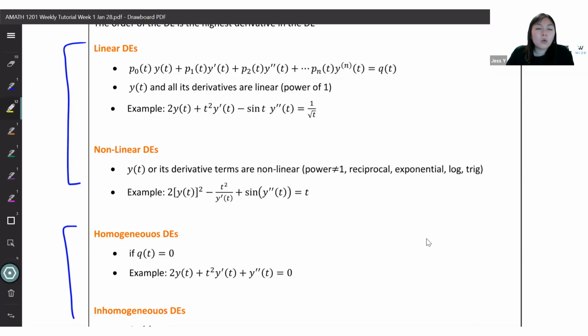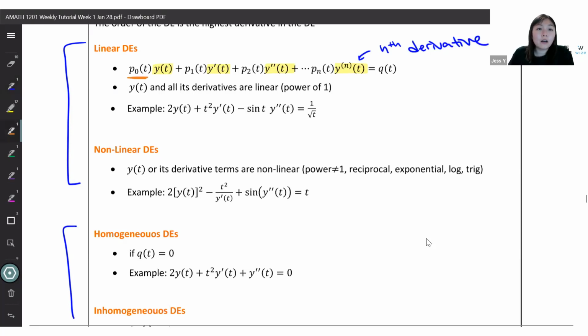If you look at your y or its derivatives, they all have power of 1. It's y prime, y double prime. Those are the derivatives. They're not the power, they're not the exponent, right? Even this guy, this is the nth derivative, not the nth power. So they all have power of 1. That's what makes it a linear DE. There could be stuff in front of your y's.